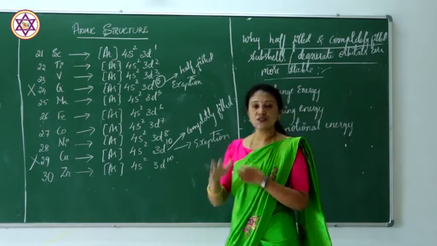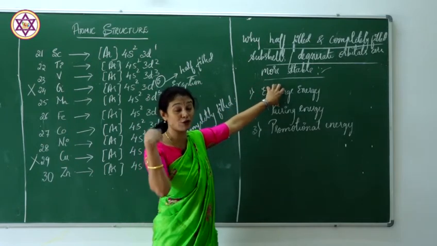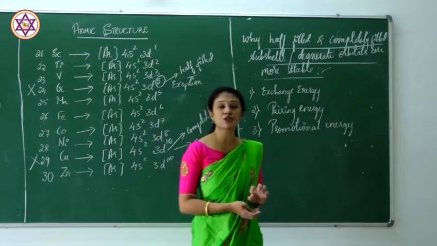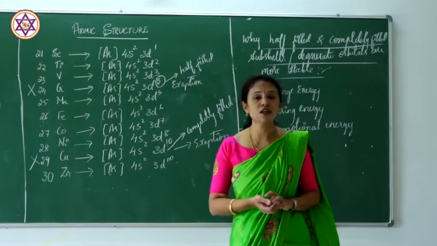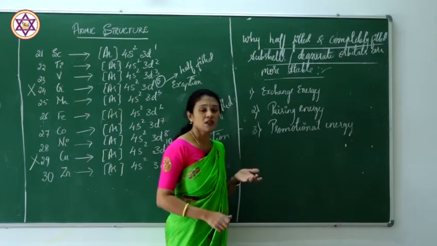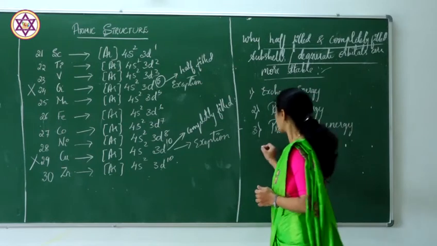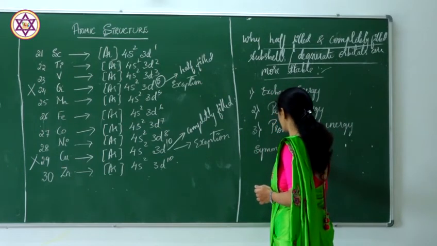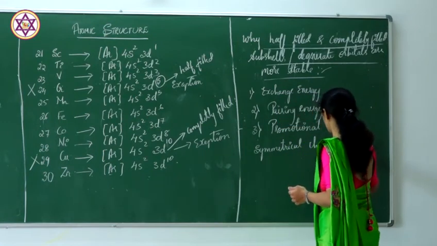You will know about these three things: what is exchange energy, pairing energy and promotional energy in the completely filled as well as half filled subshells. Before knowing that, we will see how it is more stable. First, coming to symmetrical charge distribution.